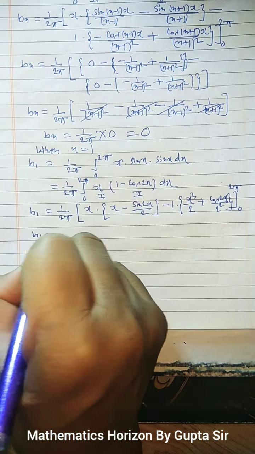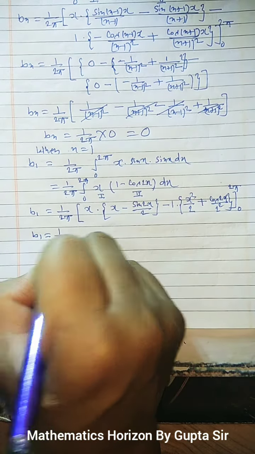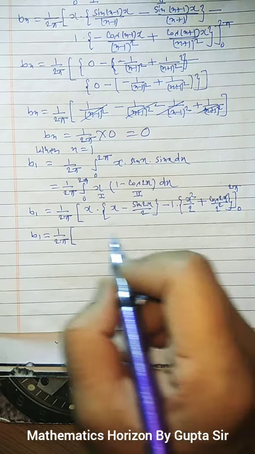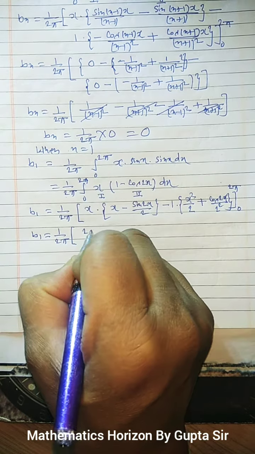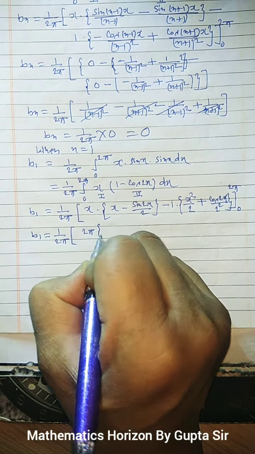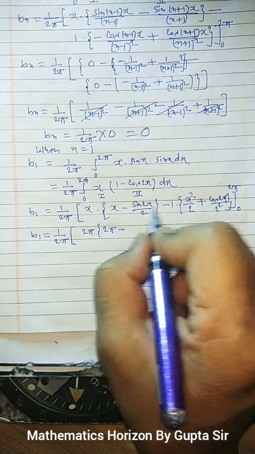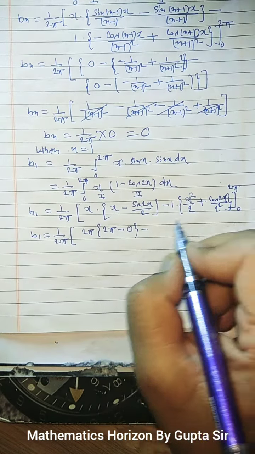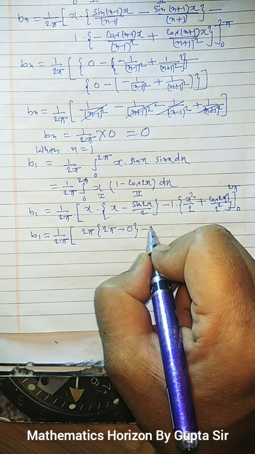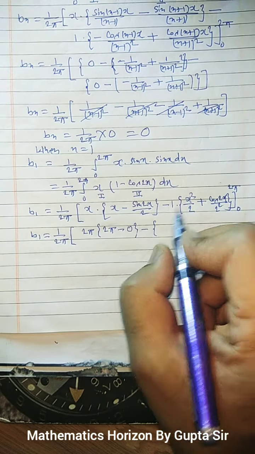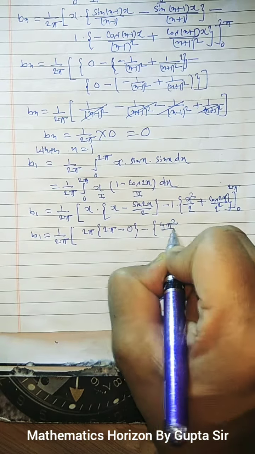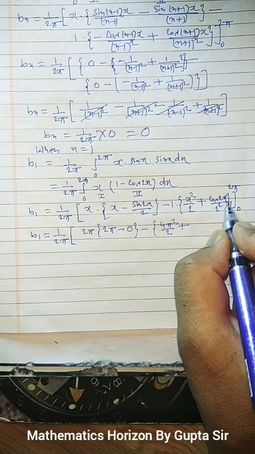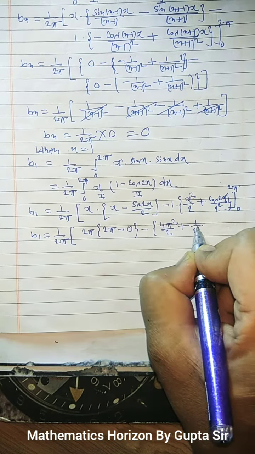Means b1 equal to 1 upon 2 pi. Now we apply limits. When x equal to 2 pi, here we have 2 pi minus sin 4 pi. Sin 4 pi is 0. Minus, when x equal to 2 pi, here we have 2 pi, means 4 pi square upon 2, plus cos 4 pi is 1 upon 2 square.